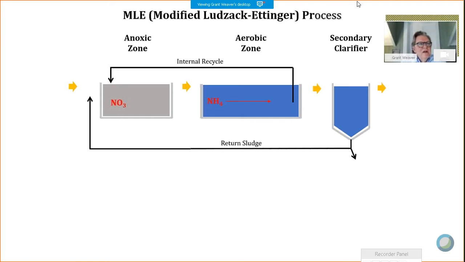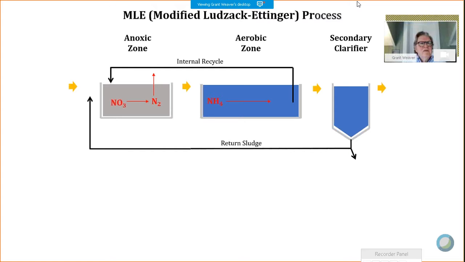The nitrates now are going into a zone that's rich in BOD, because of the BOD of the raw wastewater. That BOD in a non-aerated vessel, tank, allows the bacteria to denitrify, to convert the nitrates to nitrogen gas, and the gas should bubble out in that tank.